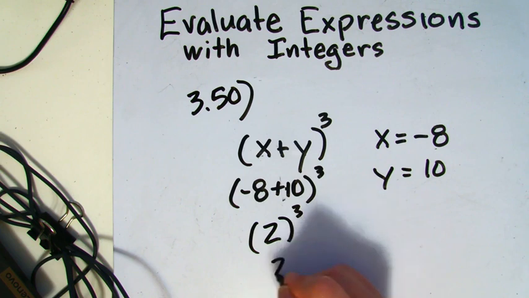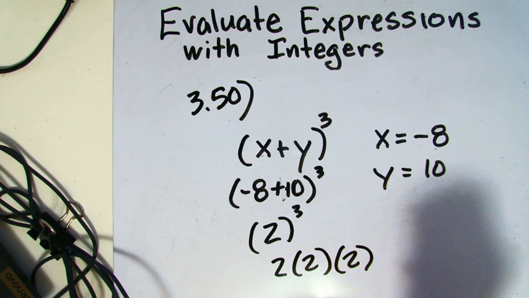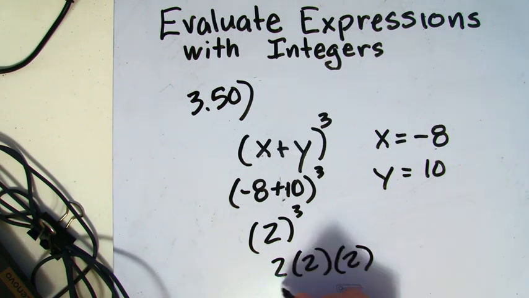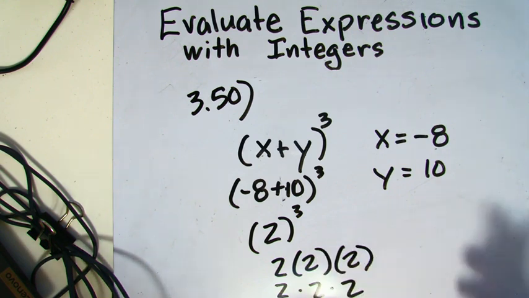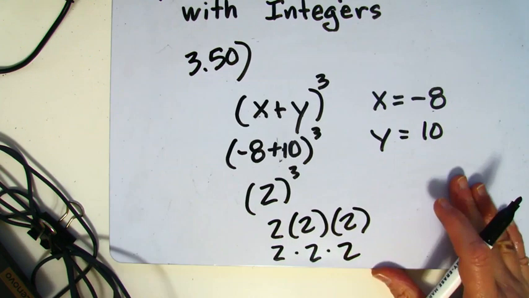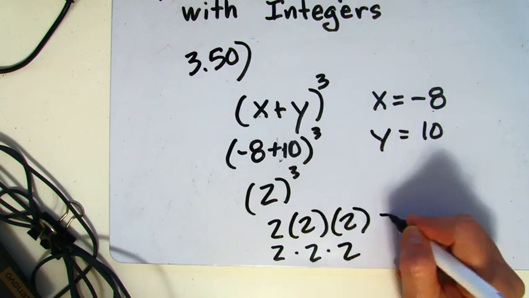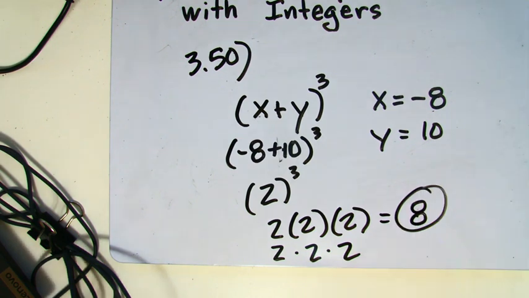That's the same thing as 2 times 2 times 2, or you could write it as 2 times 2 times 2 with the dots. That's fine. 2 times 2 is 4, times 2 is 8. And so that's your answer. That was a good one.